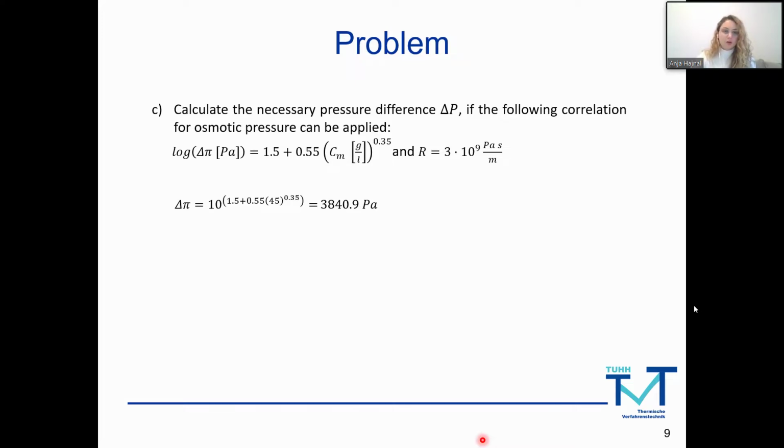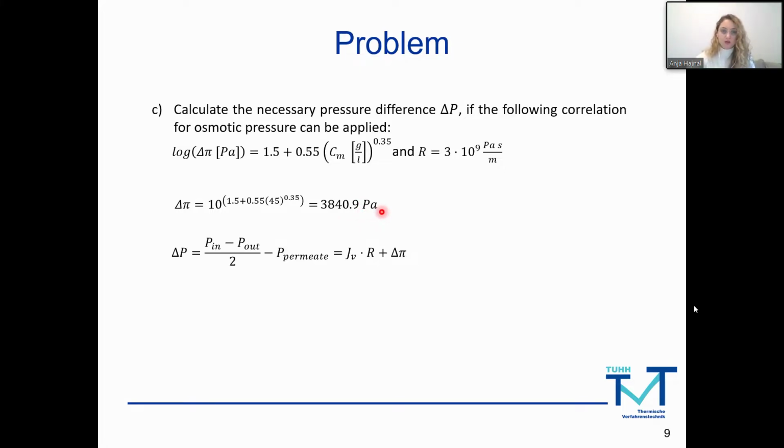All right. So if we take this equation, this Cm is basically the concentration at the membrane. So we use 45, and the rest are just the empirical coefficients. We should get, or you should have also gotten, 3,840 or 41 pascals.